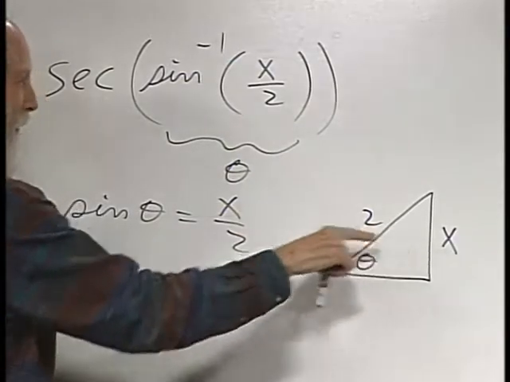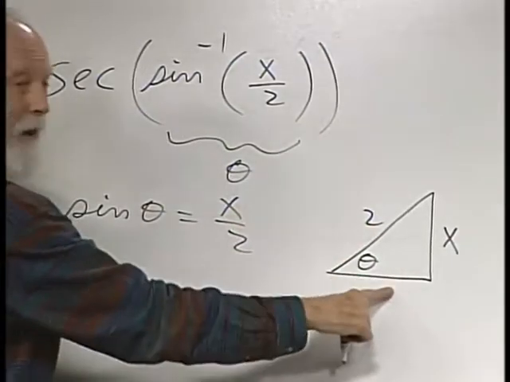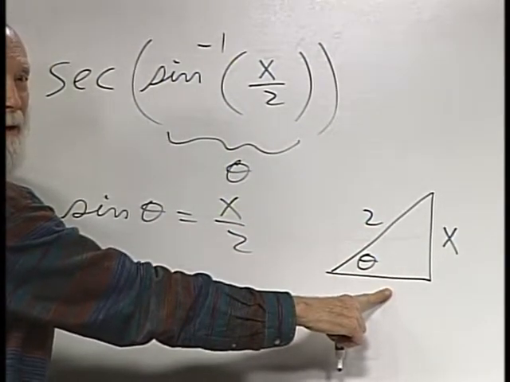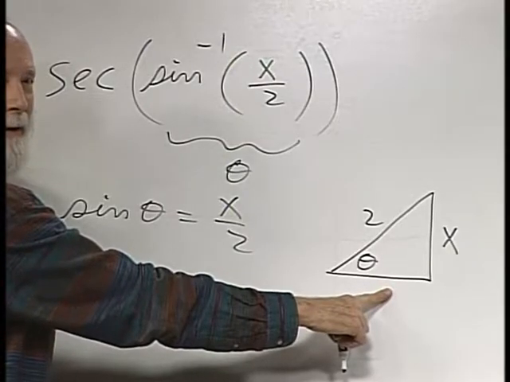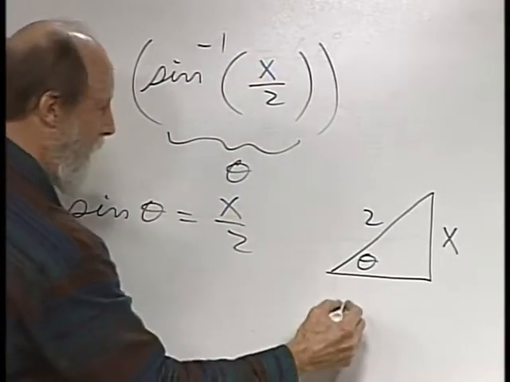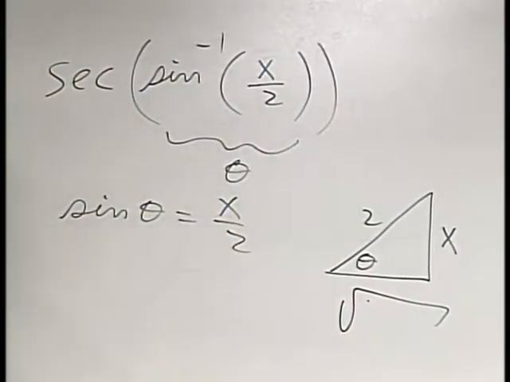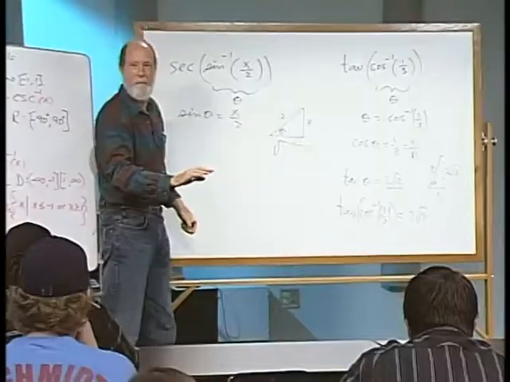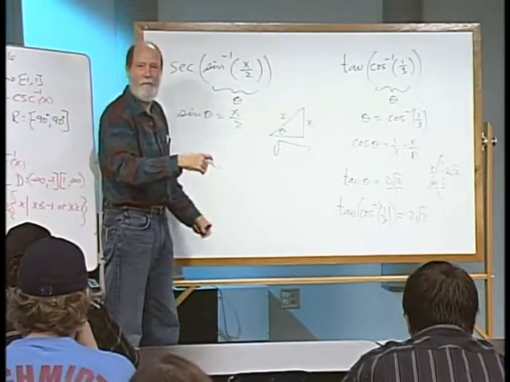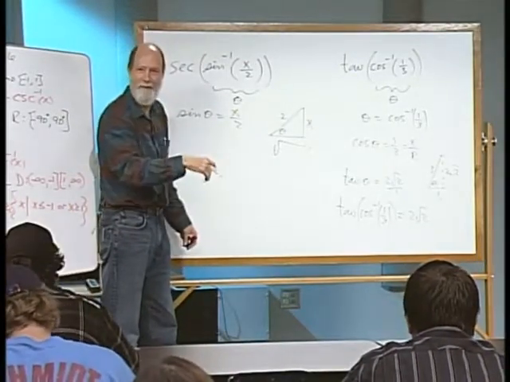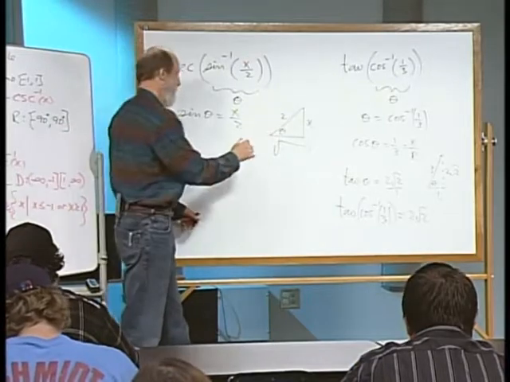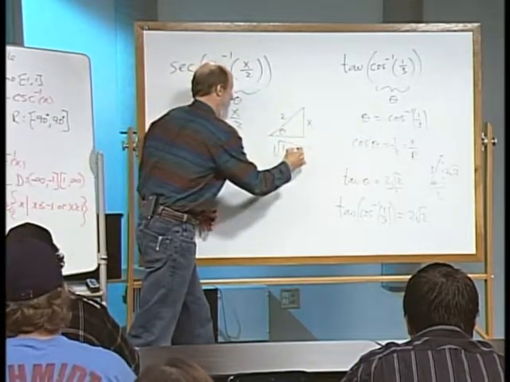Okay? That's okay. What's this leg right here? Which is? I want the Pythagorean theorem. Pythagoras figured this out a long time ago. It's the square root of 4 minus x squared, isn't it?